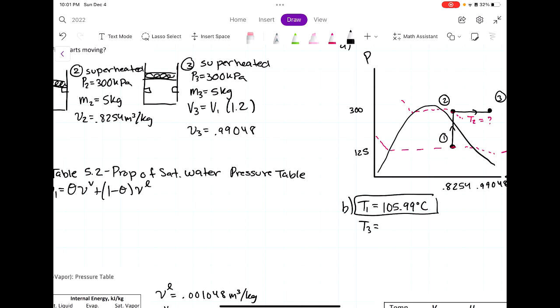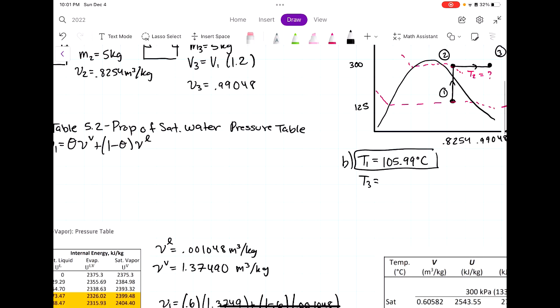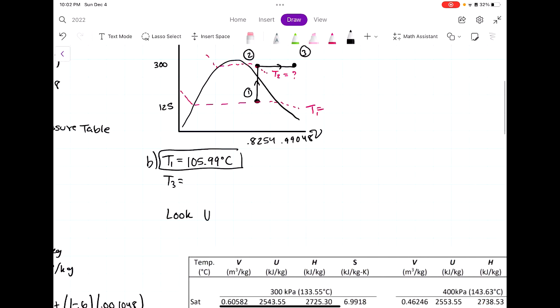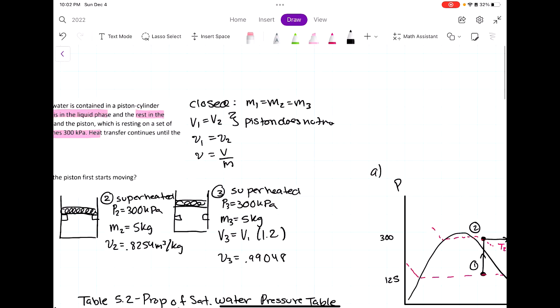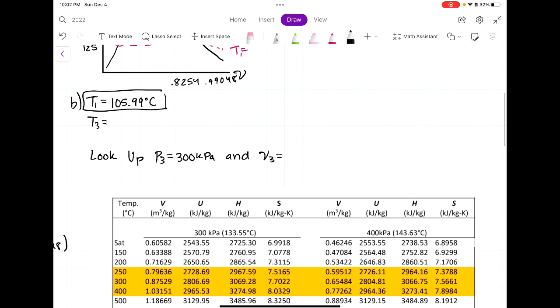So we're going to look up P3, or pressure at state 3, of 300 kilopascals, where the specific volume is equal to 0.99048 meters cubed per kilogram.